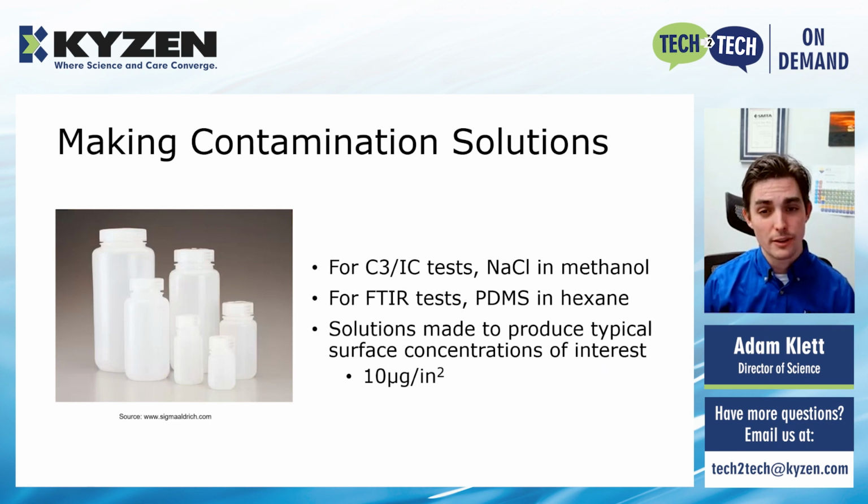But on the other hand, we do have inorganic or organic contamination that may be present, things like silicones, which cause issues with bonding, can be wire bonding, adhesive bonding, conformal coating applications, where silicones are an issue. And so the second round of tests that we did here was PDMS, or polydimethylsiloxane, dissolved in hexane.